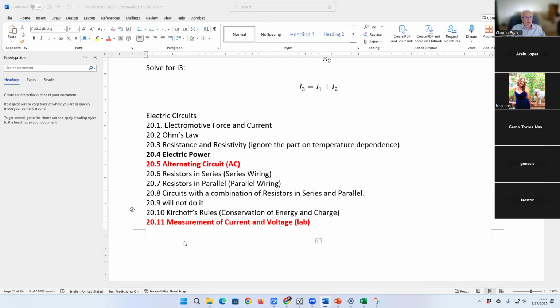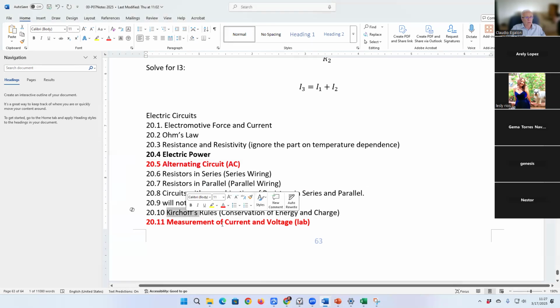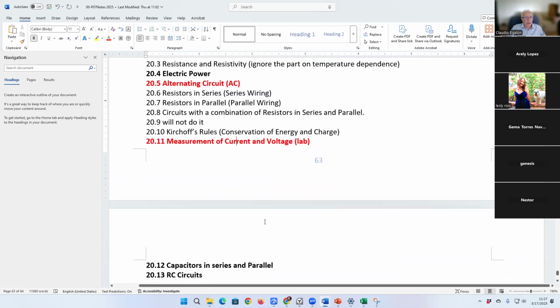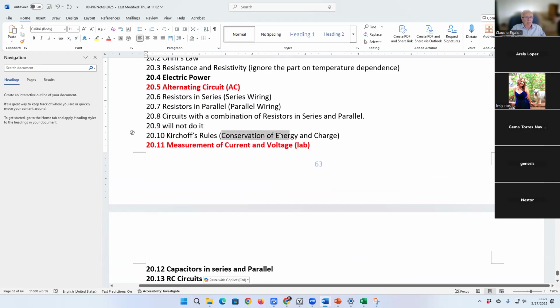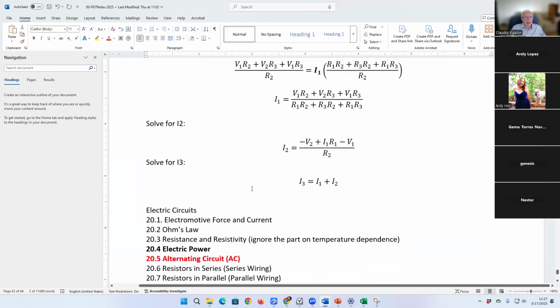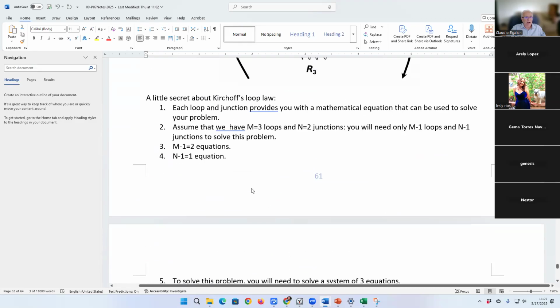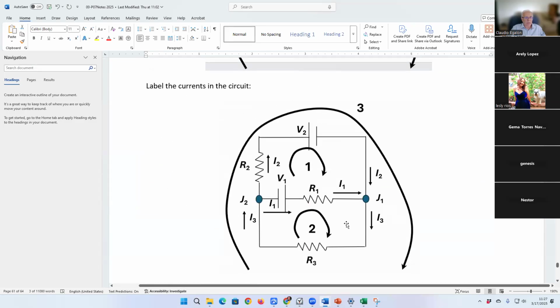Conservation of energy and charge. Okay, that's what Kirchhoff rules is all about. When we go through the loops, we are using the statement of conservation of energy. Okay, so right in here, when we go through each of those loops, basically we are using the statement of conservation of energy, since electric potential is related to the potential energy.